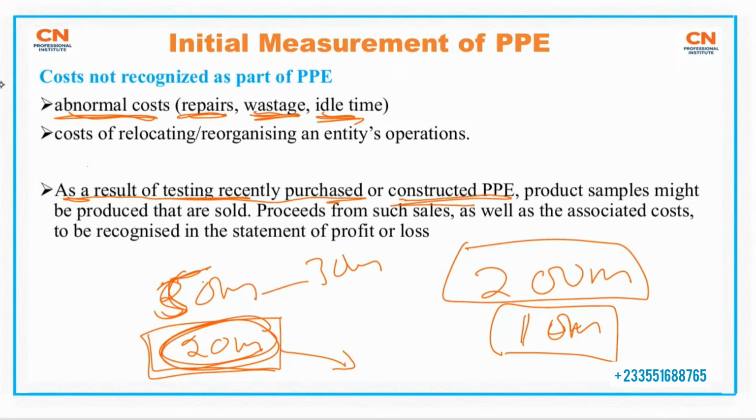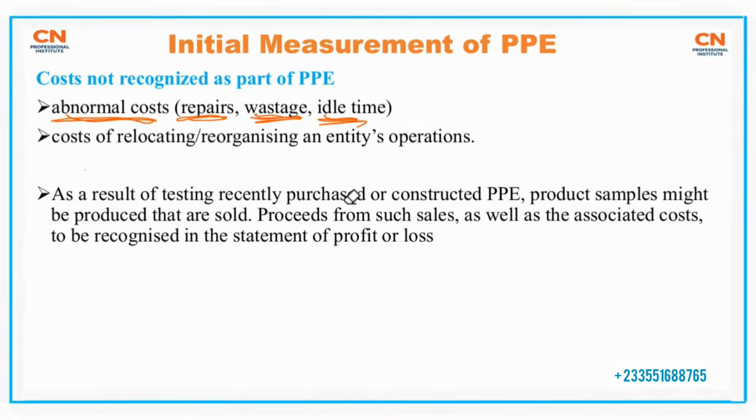All right, and we are saying proceeds from such sales, as well as the associated costs, are to be recognized in the profit or loss. So sometimes, let's say, you are constructing a building and you've got into the first floor.